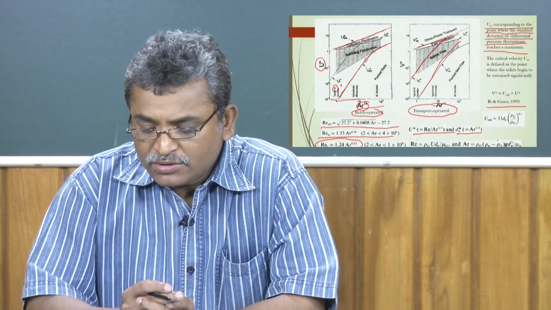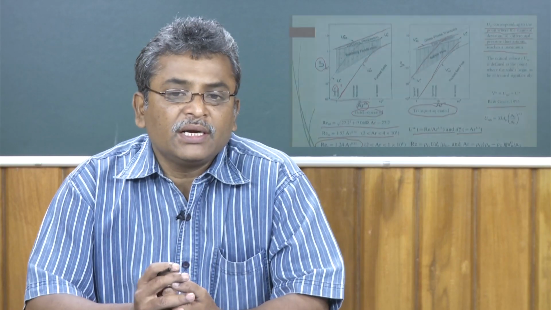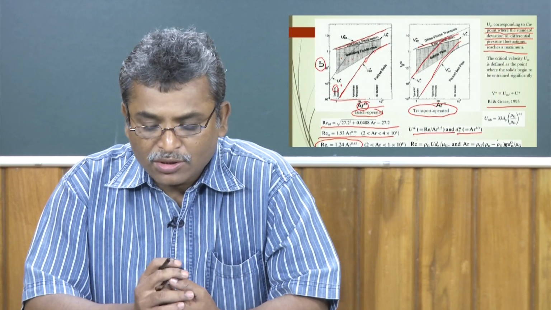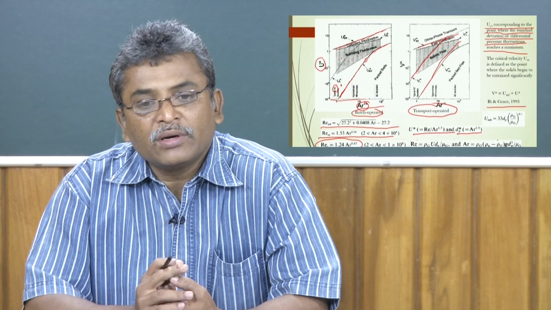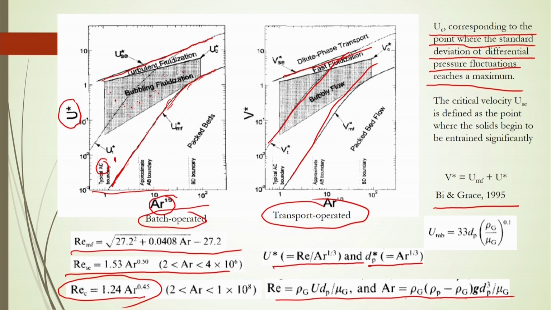And the critical velocity, that is Use, is defined as the point where the solids begin to be entrained significantly inside the bed in this fluidization operation. That means here the significant entrainment will be occurring.